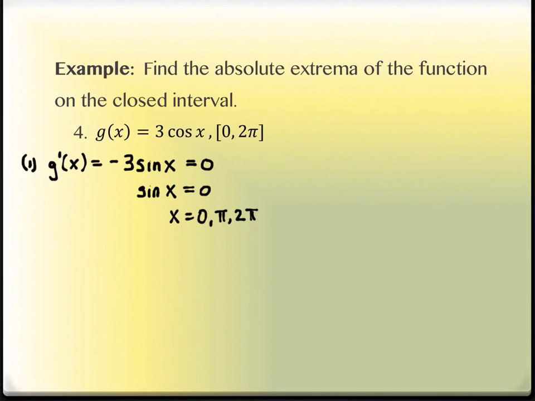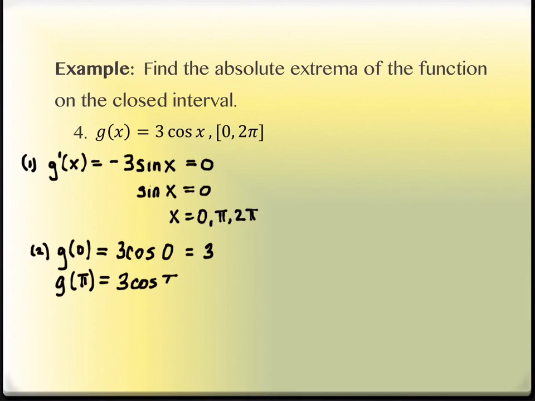So it's almost going to look like we're not going to do step 3 because within step 2 I'm already going to find those values. Step 2 is to evaluate these points now, right? What was my function's name? G. So we're going to find g of 0, which means finding 3 cosine of 0. So what is 3 times the cosine of angle 0? That's 3. Cosine of 0 is 1. Now we're going to do g of pi. So it's 3 cosine of pi.